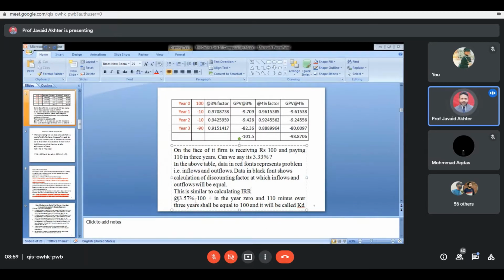This will be called the cost of debt. I am leaving this slide for the time being, maybe for a few seconds. Read the text. There is no point in me speaking the text when it is appearing on the screen, and then seek the clarification.